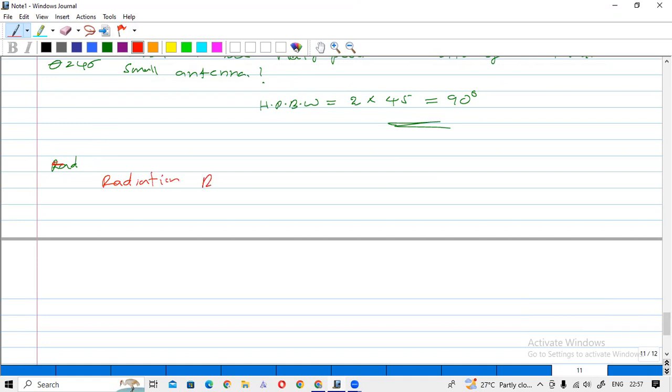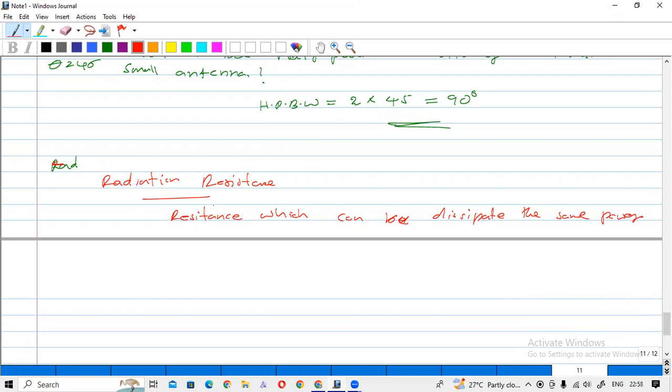It is explained as the resistance which can dissipate the same power as the antenna carrying the same current.